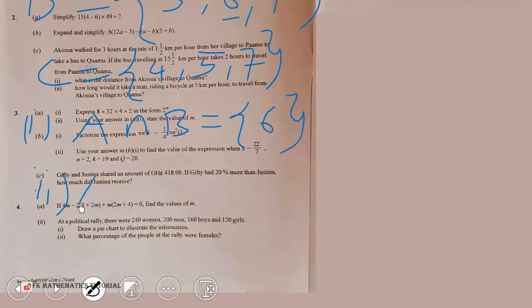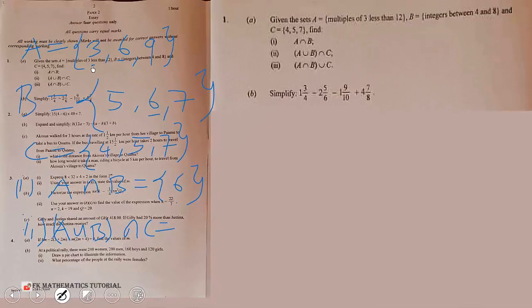So A union B intersection C will be equal to the elements in A union B that are common to the elements in C. So first, let's list the elements in A union B. So elements in A combined with elements in B. So we have 3, so write 3. We have 5, so we write 5. We have 6, so we write 6.